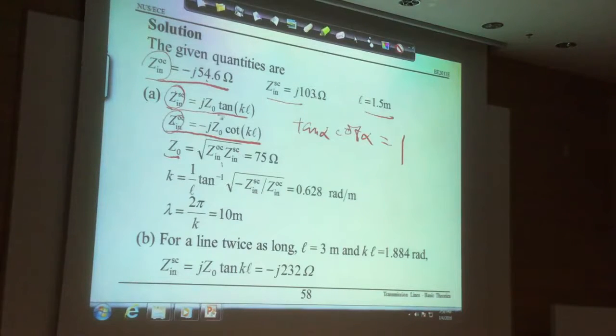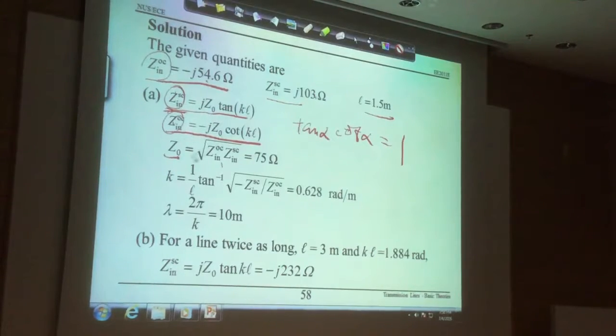In the meantime, just now we multiplied the two equations. Now we divide this and this, the short circuit impedance and the open circuit impedance, then Z naught can be cancelled. Then we have tangent KL squared.